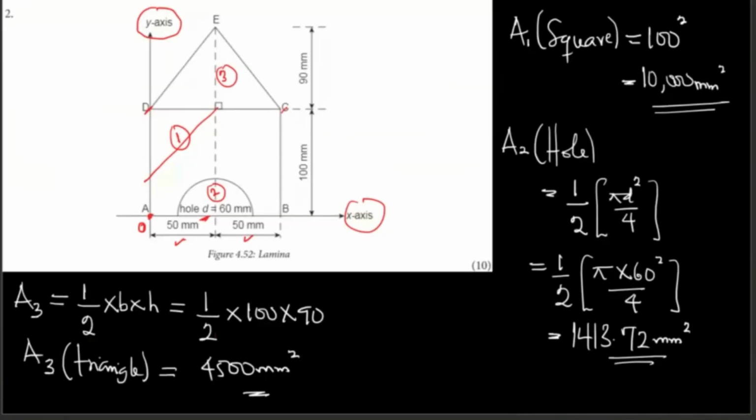Look at the diagram. The Y1 is measured to the middle there, so that is going to be 50. This is your Y1, because this is the square, right? So the middle is 50.